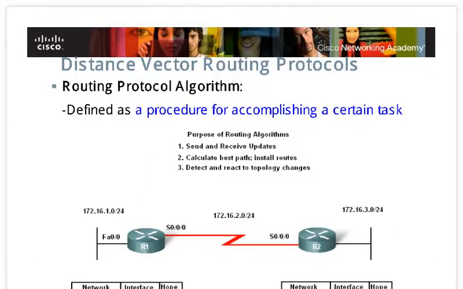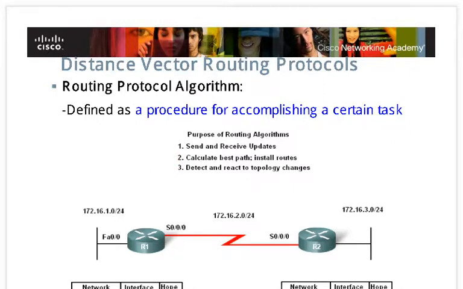So, of the distance vector routing protocols, the routing protocol algorithm, as we said, defines a procedure for accomplishing the routing task. The send and receive updates facilitate the exchange of any topology changes, and then based on that we calculate the best path.